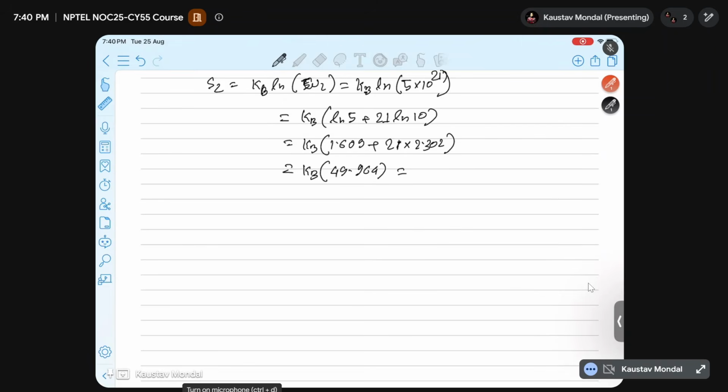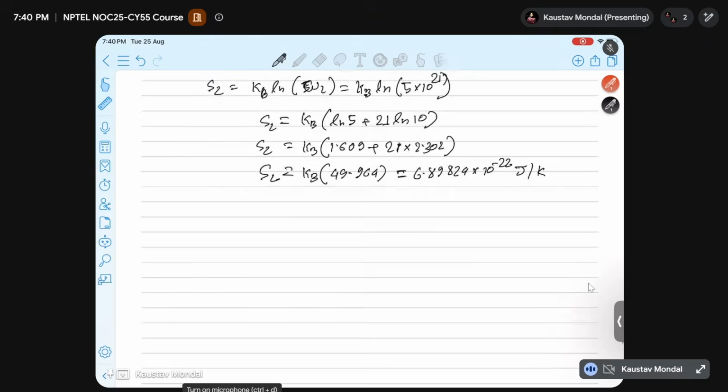So we multiply kB by 49.964, you get 6.89824 into 10 to the power minus 22 joule per Kelvin. This is the expression of S2 you will get.